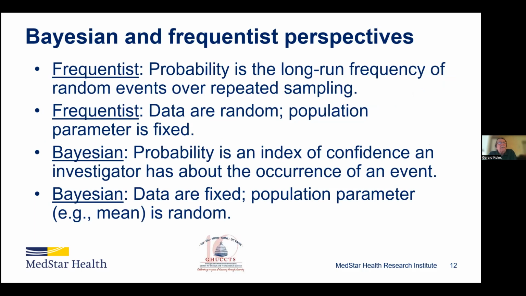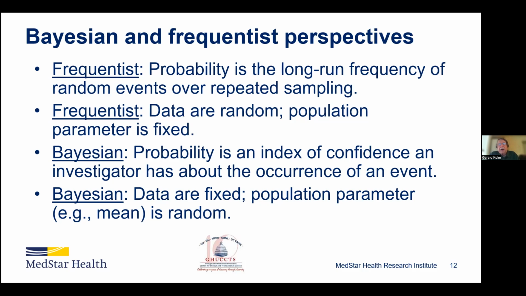Okay, so then getting into sort of the Bayesian statistics here and how they differ from the frequentist or classical perspective. So in the frequentist perspective, the basis for frequentist statistics is that a probability is the long run frequency of random events over repeated sampling. And so in the frequentist perspective, the data that we collect are random, but the population parameter that we want to estimate is fixed.